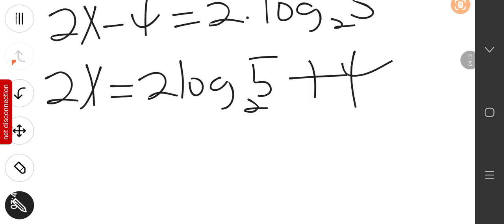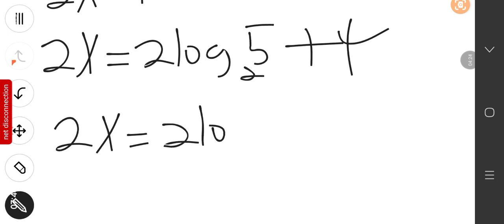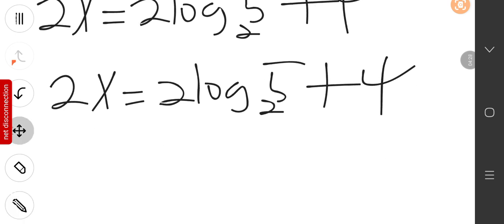Now we want to make x the subject of the equation. So we are going to divide both sides of the equation by 2, since 2 is attached to x. So we have 2x equals 2 log 5 base 2 plus 4. Okay, so we divide here by 2, here by 2.